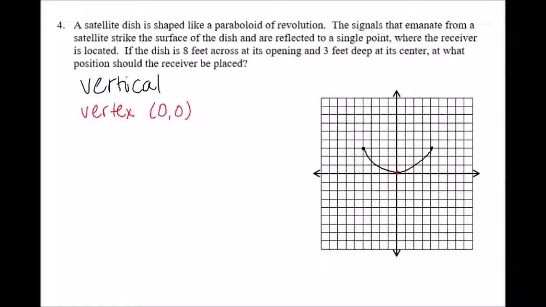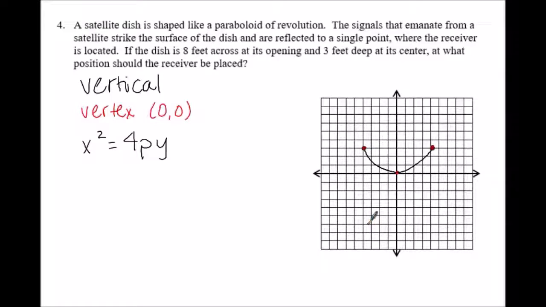Well, let's start with writing out what we know. Since it's vertical and the vertex is at (0, 0), we have x^2 = 4p times y. Now, we also know 2 points on this parabola.